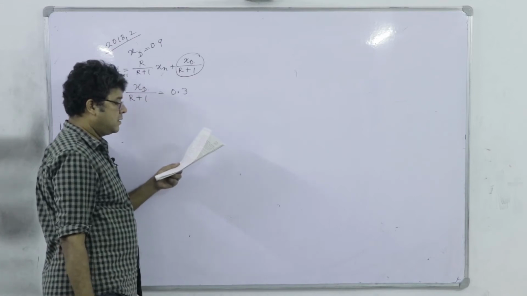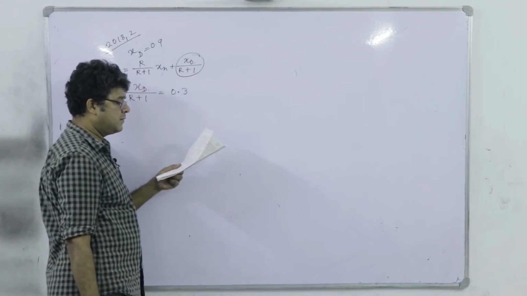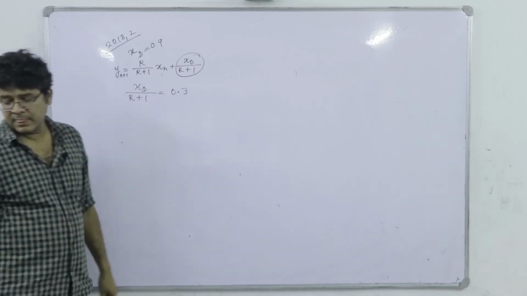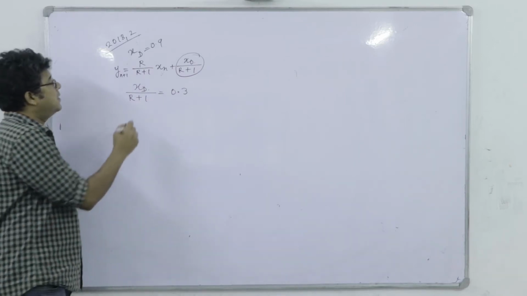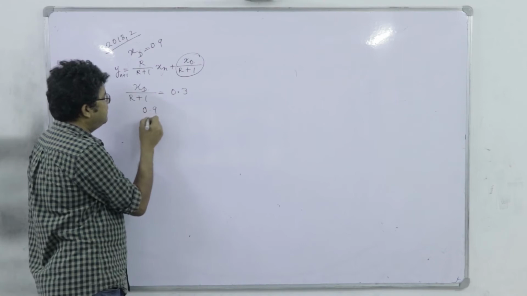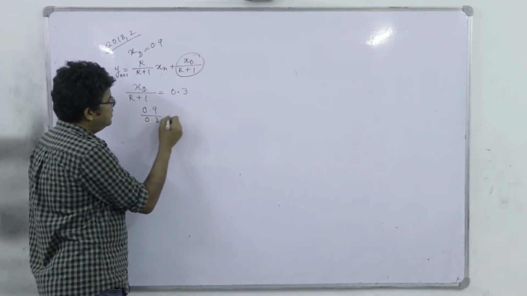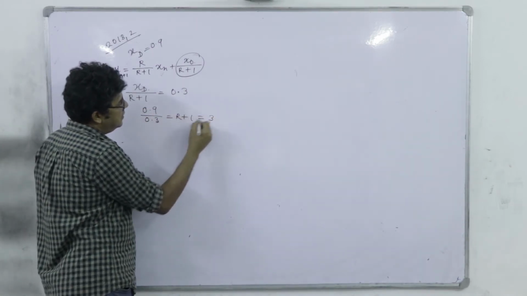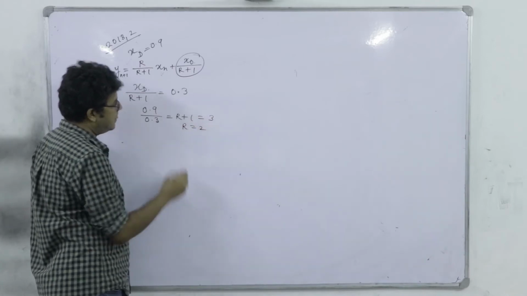The ratio of liquid to vapor molar flow rate in the enriching section we have to calculate. So 0.9 by 0.3 equals R plus 1, which is 3, so R is equal to 2.